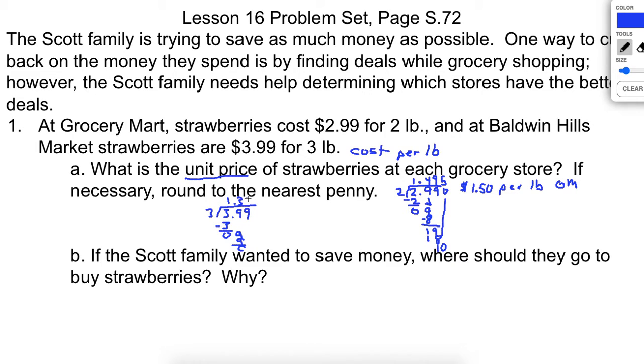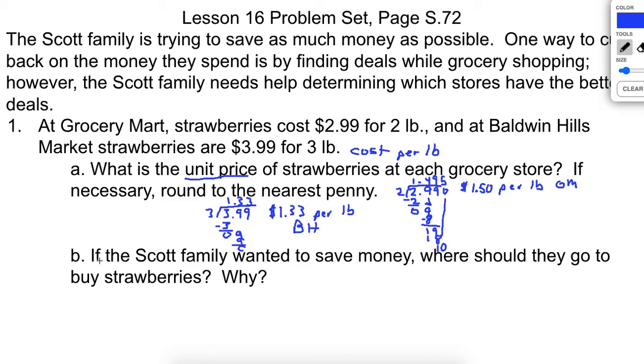That's going to be a 3 again. So that one is $1.33 per pound. And this one is the Baldwin Hills. Okay, so we can say right there, Baldwin Hills is the better deal. It's $1.33 per pound. Okay, so $1.33 per pound, Baldwin Hills is the best for strawberries.